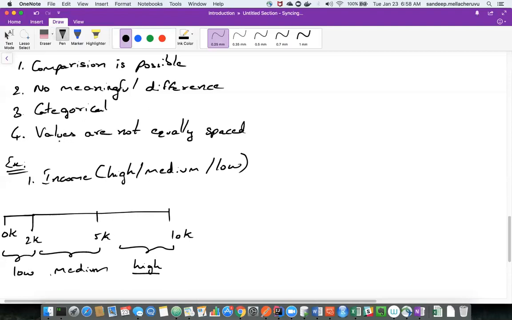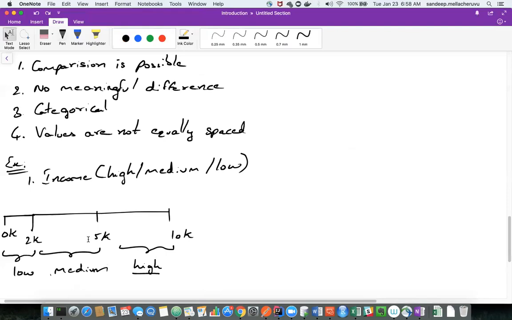So actually, each value is not equally spaced. Though, when you say just high, medium, low, you will never know this in reality. But for your understanding, I drew this number line. In reality, you'll never know the number line. When you say medium income, you don't know what is the range. Is that clear? The values are not equally spaced.